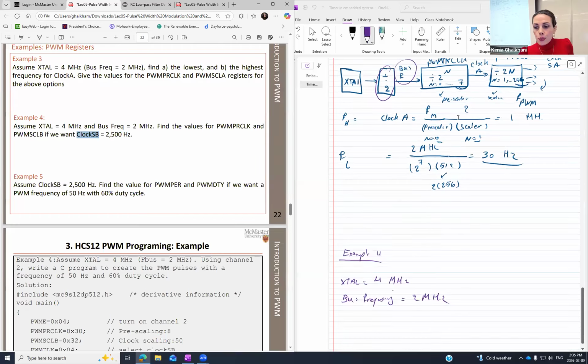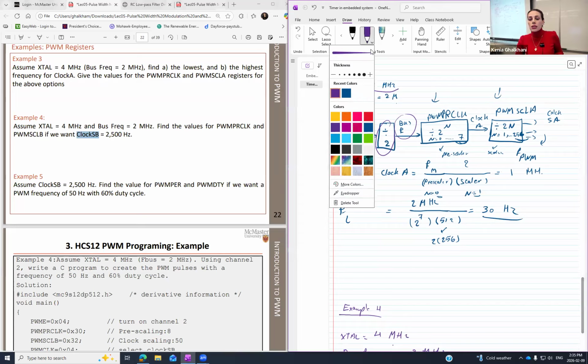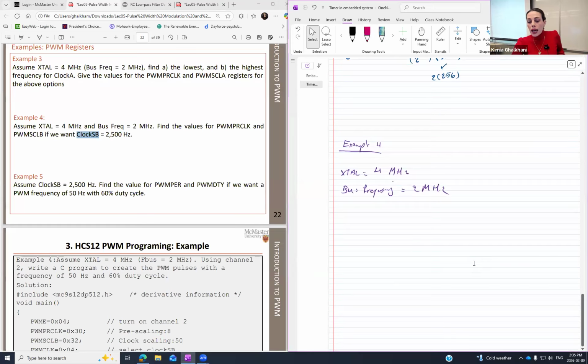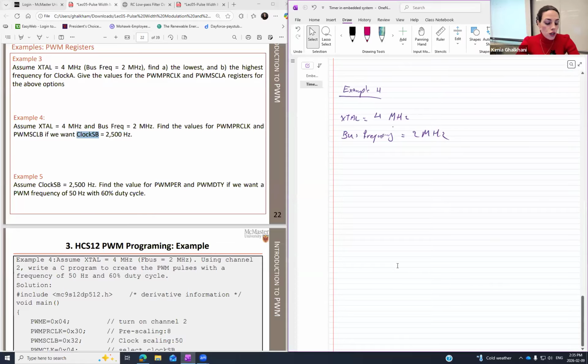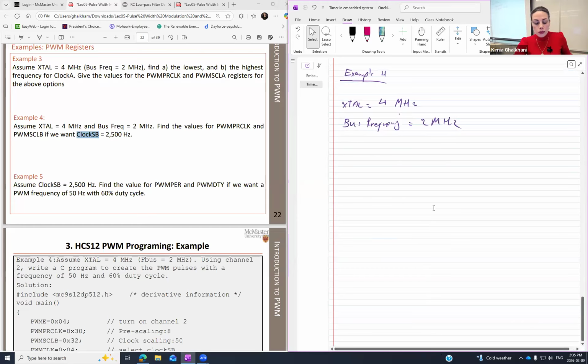I'm going to use the same prescaler and scalar. So I don't draw it once again, but just have it in mind. I'm using the same PWM clock for the prescaler and the clock for the scalar. These are my scalar and prescaler from the data sheet one more time. And then I'm going to use that information right in here to calculate the requirement for this question.